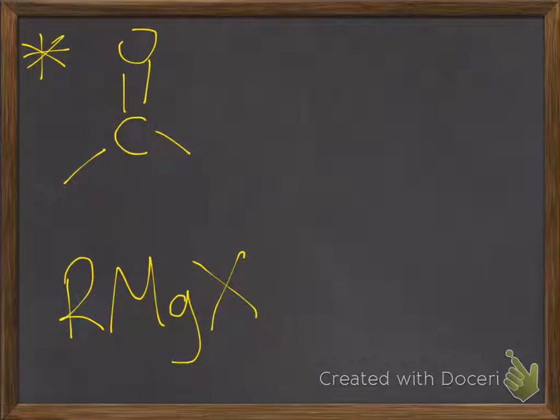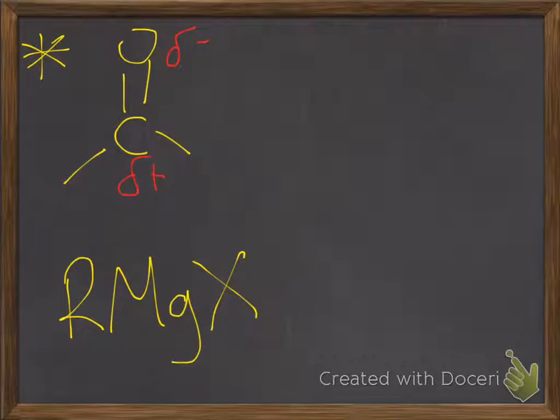So what do we have? The first thing I would do if I were you is review what the dipoles are. What's one dipole in this setup? Between the carbon and the oxygen, we have a delta positive and a delta negative.